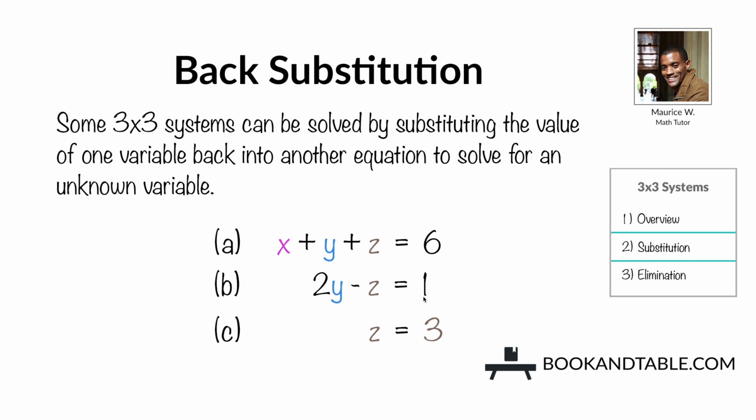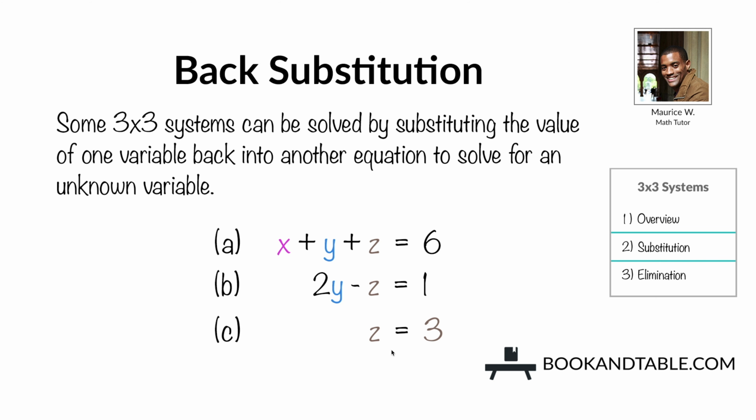Some 3x3 systems can be solved by substituting the value of one variable back into another equation to solve for an unknown variable. So let's say we have this 3x3 system here. Equation A is x plus y plus z is equal to 6. Equation B is 2y minus z is equal to 1. And equation C is z is equal to 3. Now, back substitution can be utilized when at least one of our equations provides us with the exact value for one of our variables.